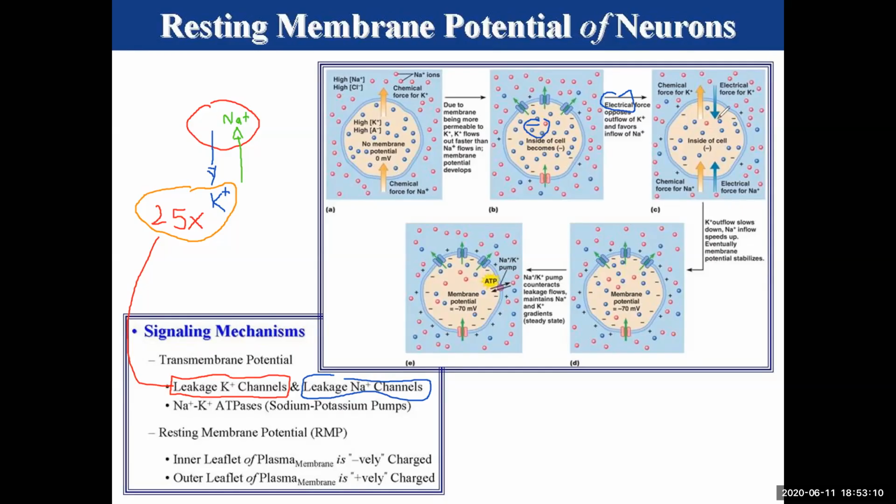And then at equilibrium, there's no net movement of charge across the cell membrane, and we have a potential energy of minus 70 millivolts. And that's the amount of potential energy. It's expressed as minus 70. The minus sign means the inside is negative, the outside is positive, not inside the cell. Along the surface of the inner leaflet of the membrane is negative versus the outer membrane is positive.